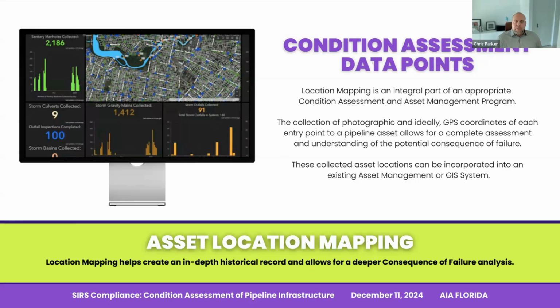Obviously, the consequence of failure and the likelihood of failure all need to be factored into your overall planning, and also within that budgetary management component of SEERS. If you do find piping infrastructure that is in that severe state, obviously the line leaking sewage needs to be considered well before that line in the parking lot. So having those geolocations to understand the physical location of each individual pipe asset that's inspected and assessed is also a critical point that is collected during the condition assessment process.